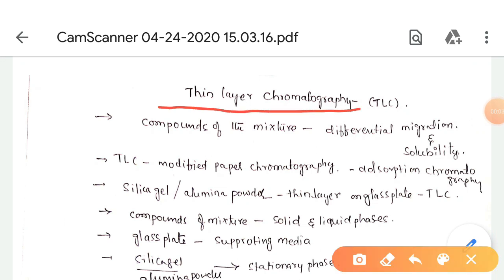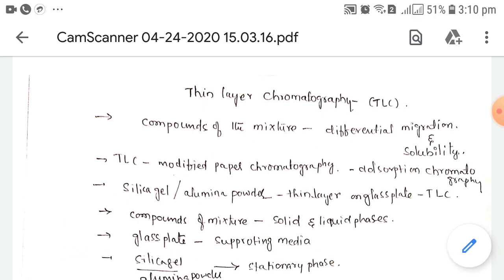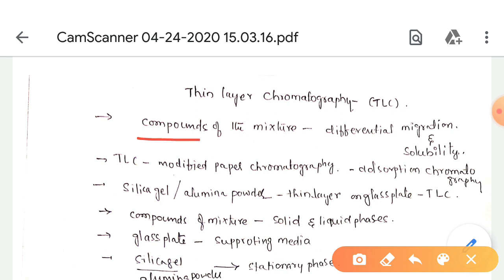Thin layer chromatography. Chromatography is a biochemical technique in which the compounds of a mixture are separated based on their differential migration and solubility.